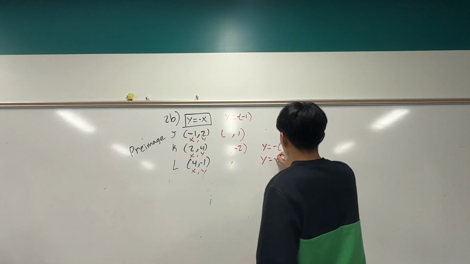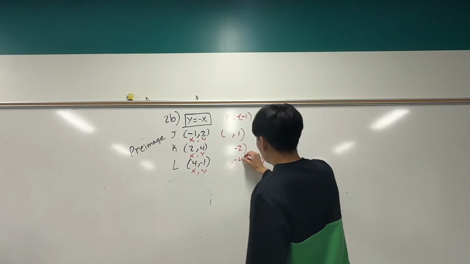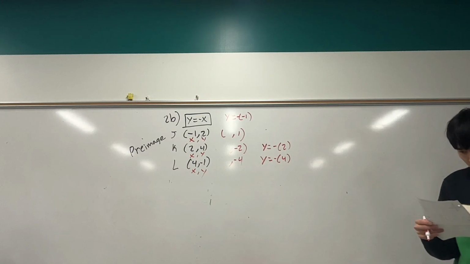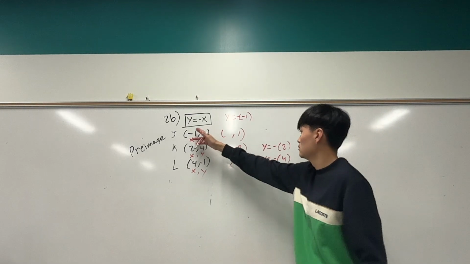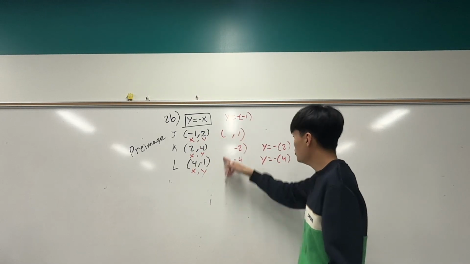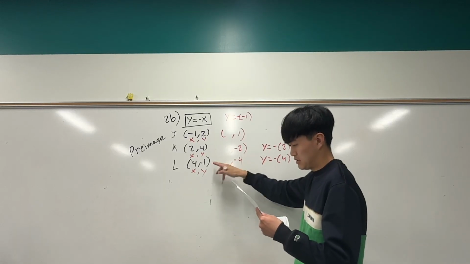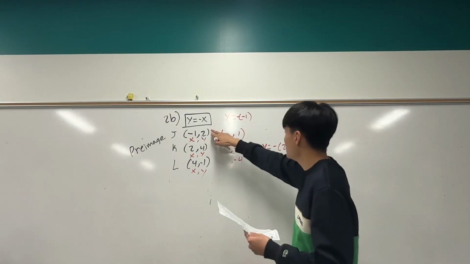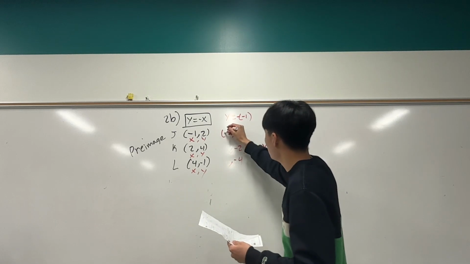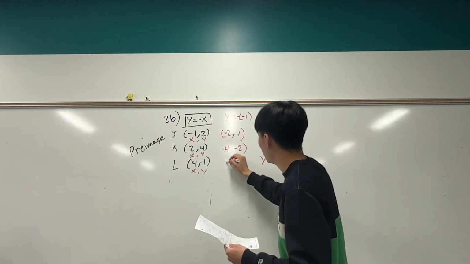Good. Yeah, so these y values would become negative now. Okay, so this would be -2, -4, and +1.